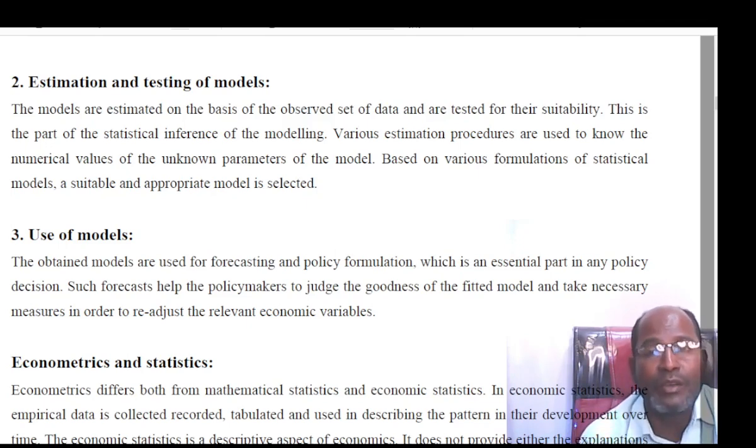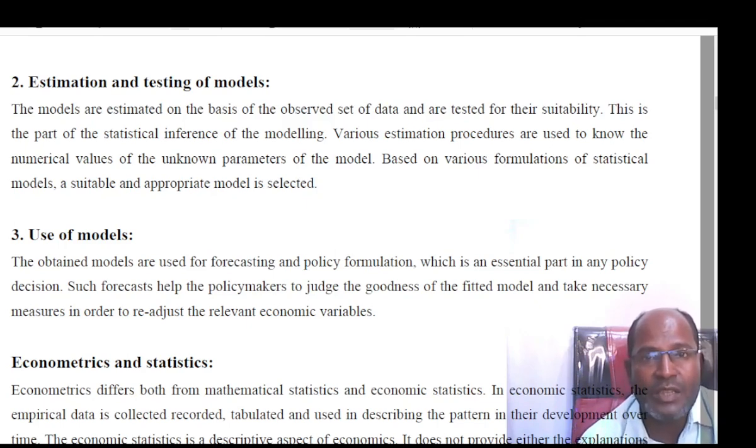Third main aim of econometrics is use of models. From the above two points, the obtained models are used for forecasting and policy formulation, which is an essential part in any policy decision.